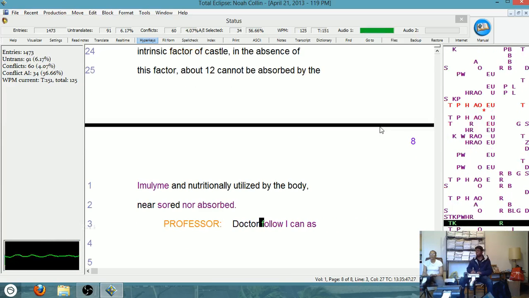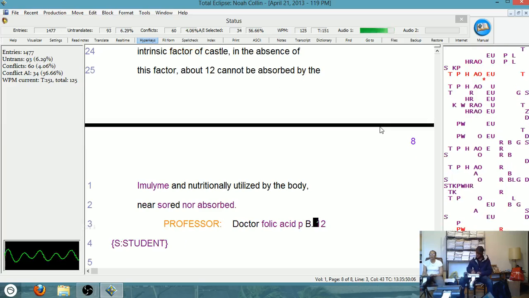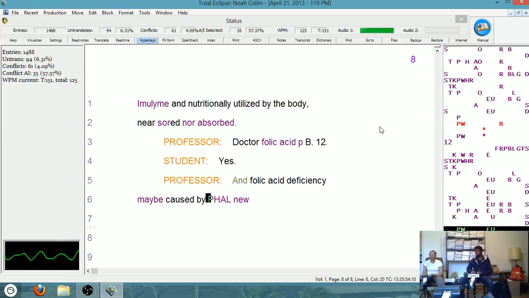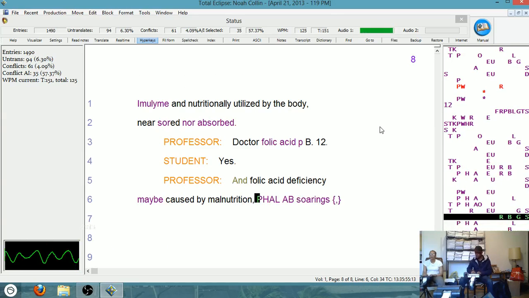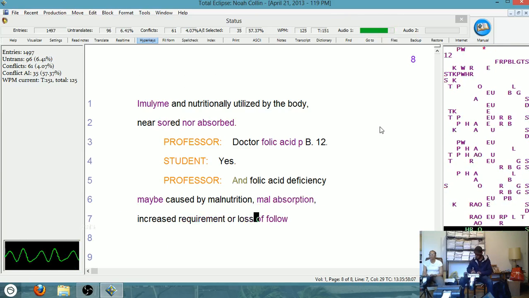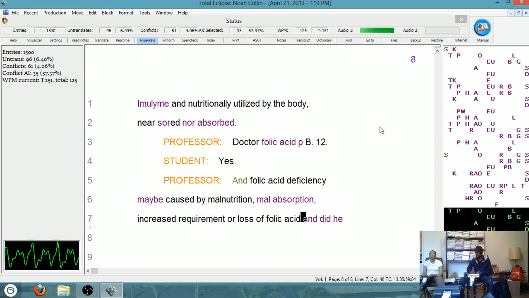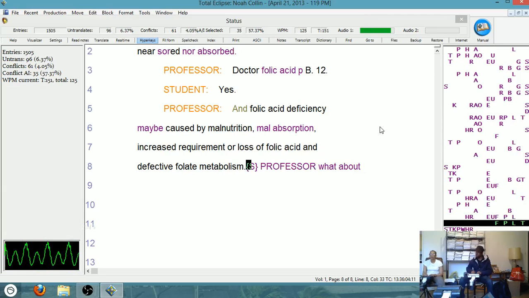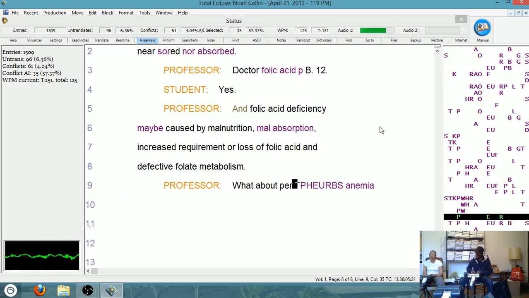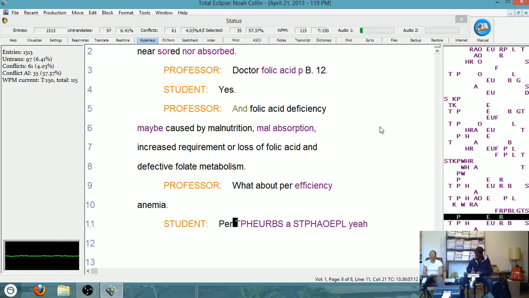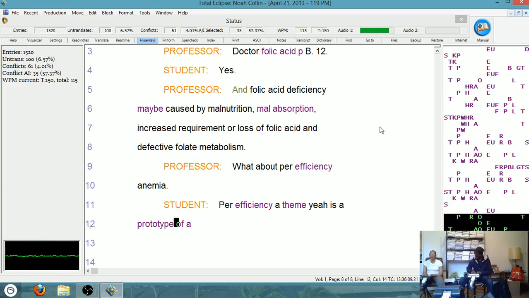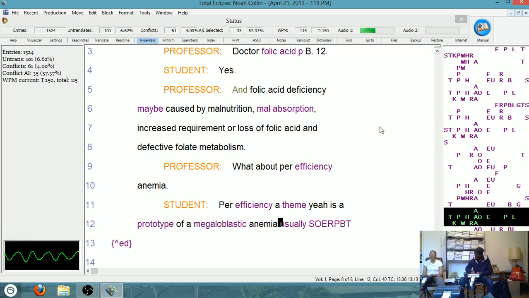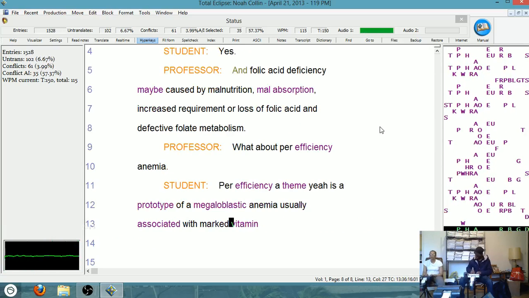Yes, and folic acid deficiency may be caused by malnutrition, malabsorption, increased requirement or loss of folic acid, and defective folate metabolism. What about pernicious anemia? Pernicious anemia is a prototype of a megaloblastic anemia, usually associated with marked vitamin B12 deficiency.